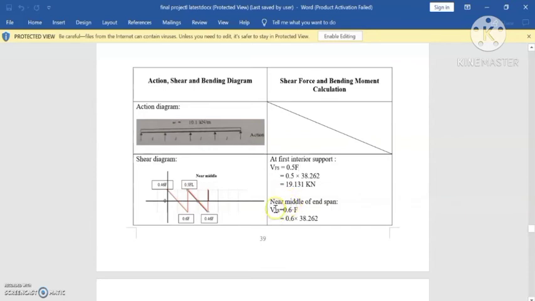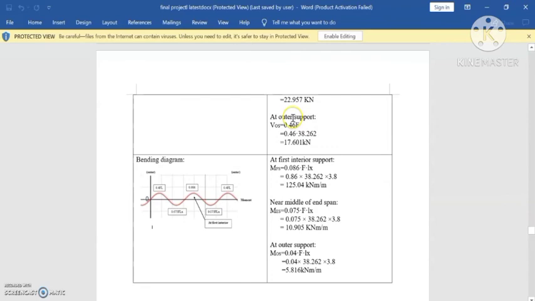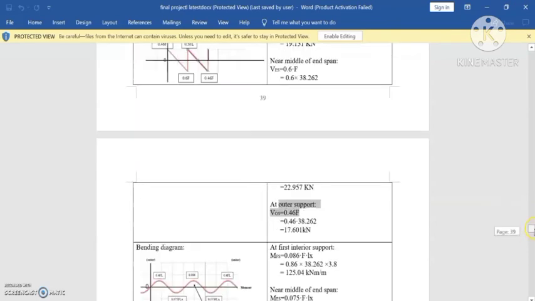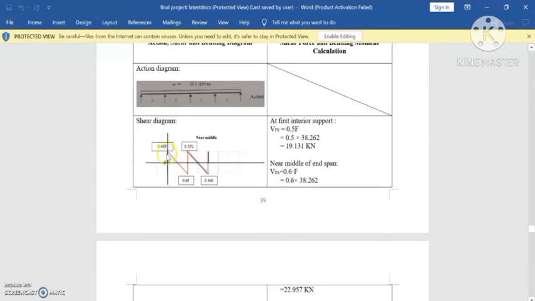And then near the middle of the end span we got 0.65, it means here. And then the outer support is 0.46F, here, the end of the support. The near middle of the end span actually means here.